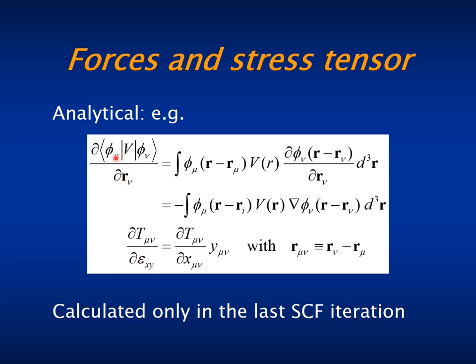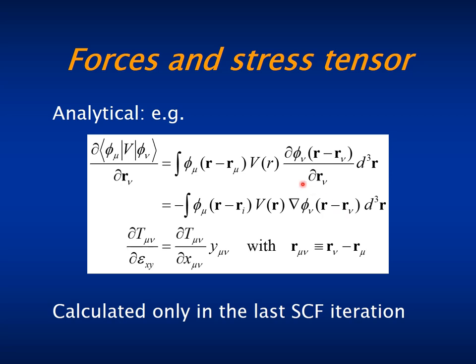For example, a matrix element of a potential V between two basis orbitals can be written in this way. And because the phi orbital is a function of r minus R, this can be rewritten as a matrix element between the basis orbital and the gradient of another basis orbital.